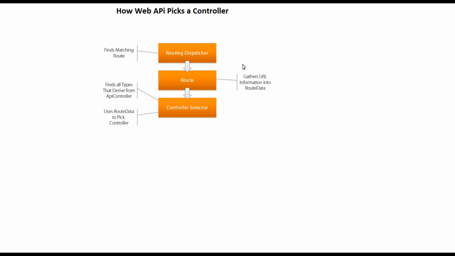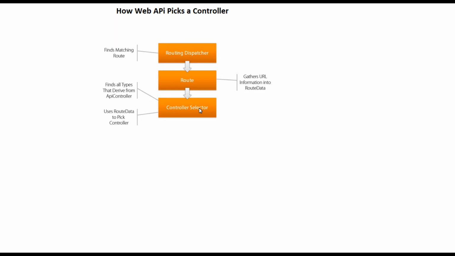Before we start, let's go really quickly over how Web API picks a controller. There's a routing dispatcher that finds the matching route. Then the route gathers URL information into route data. And then there's something called the controller selector.